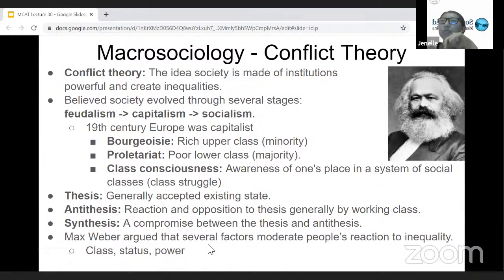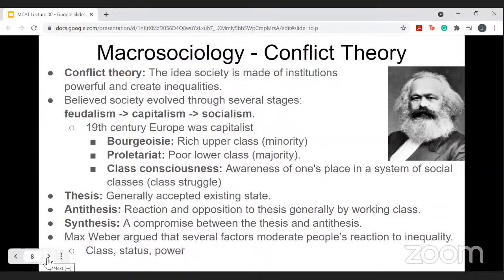And one of the problems with conflict theory that other theorists criticized was the fact that it doesn't really focus on the stability of the society, which I guess looking back is why we have functionalism looking at that other side.